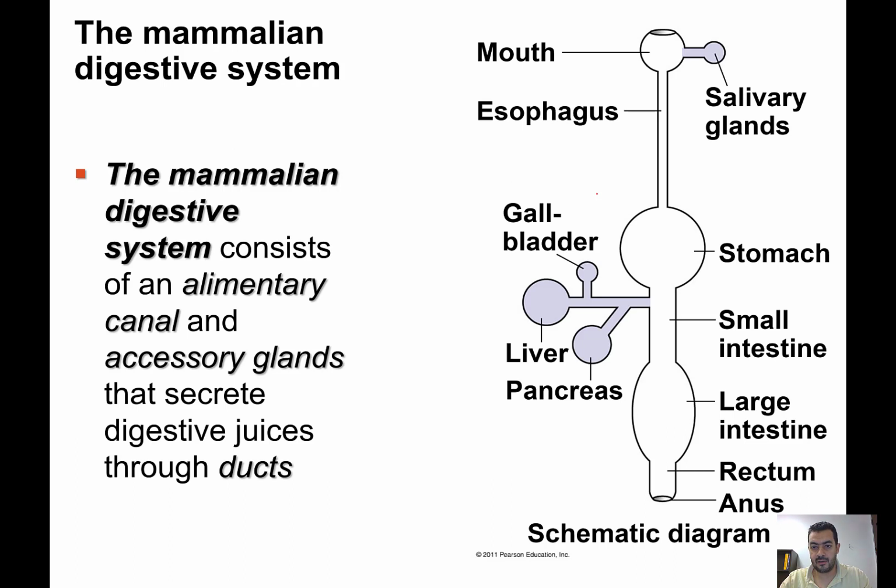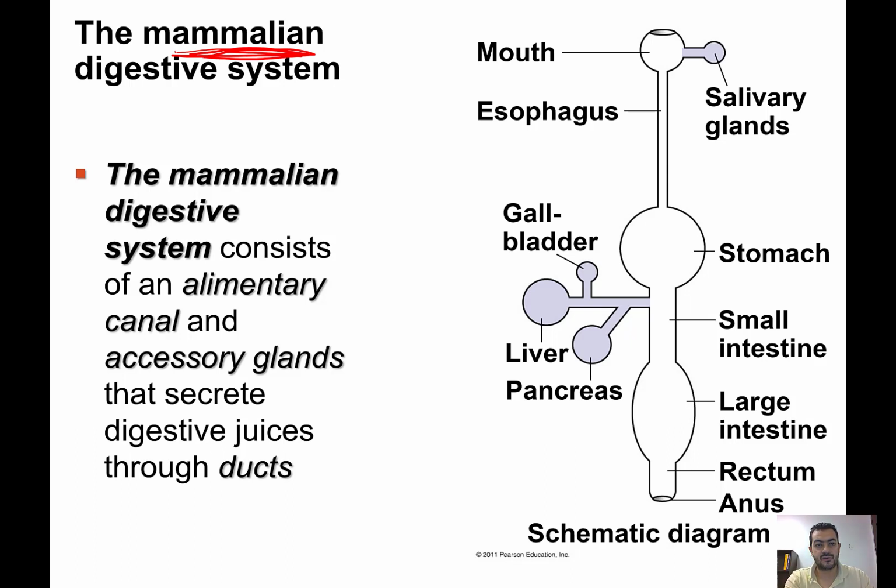This figure is a rough diagrammatic figure showing the mammalian digestive system. As we said, we are focusing mainly here on the mammalian digestive system. It is not an anatomical figure, but it shows you roughly how the different parts connect and work together.